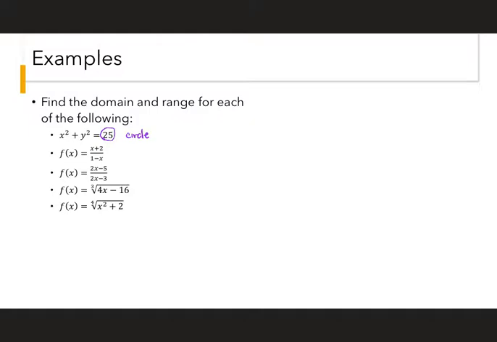Now, if the index is even, so f of x is the 4th root of x squared plus 2. In an even index, then our argument, I'll call it an argument, must be positive, greater than or equal to 0.